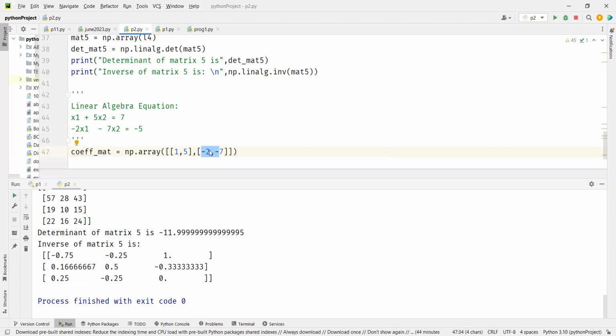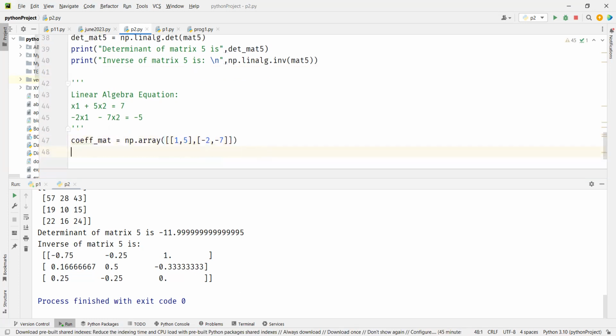Okay, coefficient matrix. Next, we create what is called your variable matrix. So the variable matrix is going to be x1 and x2, right? We can't execute it, you know, it needs a value.